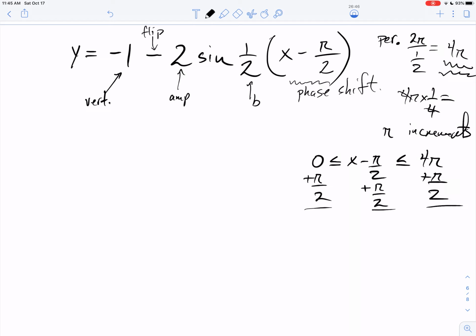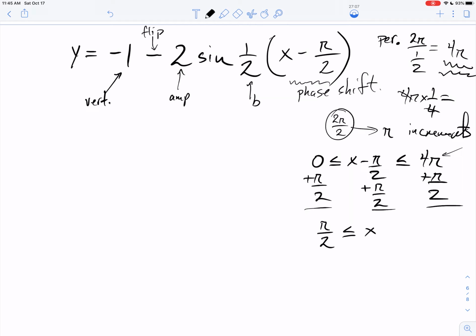So the first one, it starts at pi over 2. It does. But my increments are in pi. You know what? I could always call my increments 2 pi halves. I could. You catch my drift?